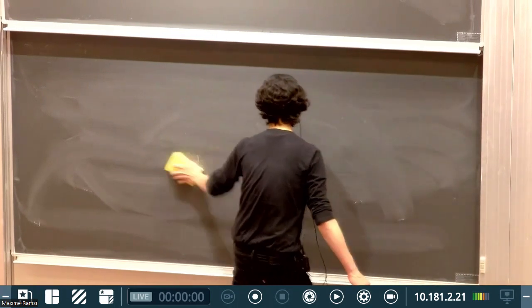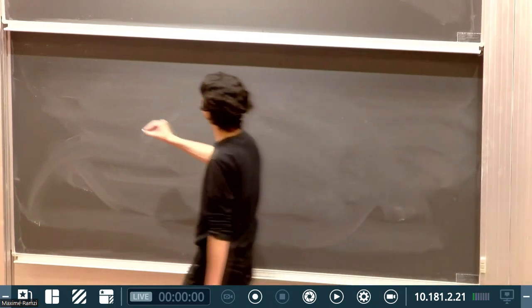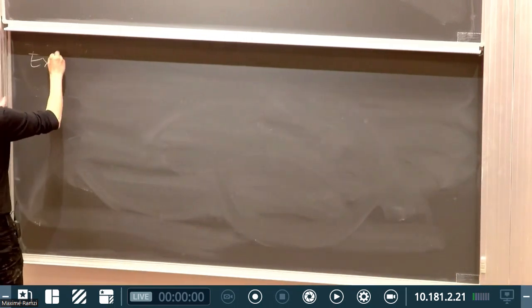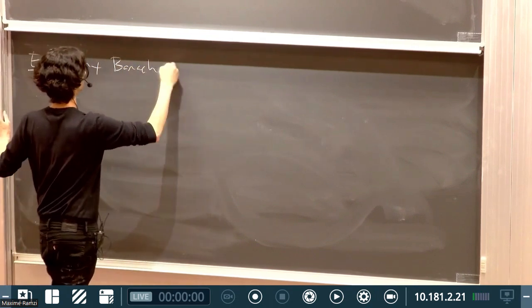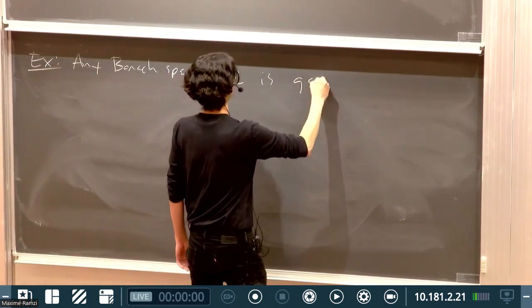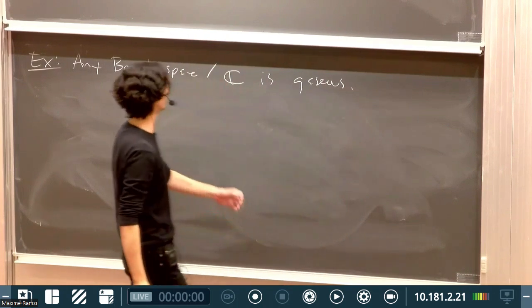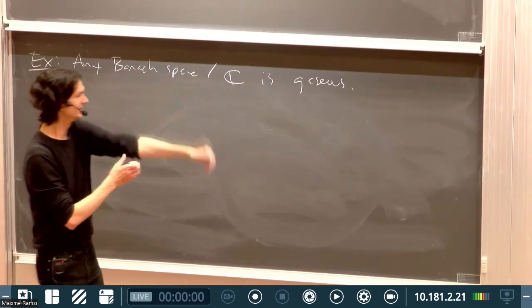Right. So some examples. Any Banach space over C is gaseous. And what I mean is that given a Banach space, you can get a light condensed C vector space by, again, just looking at continuous maps from light profinite sets in, and that thing is gaseous.